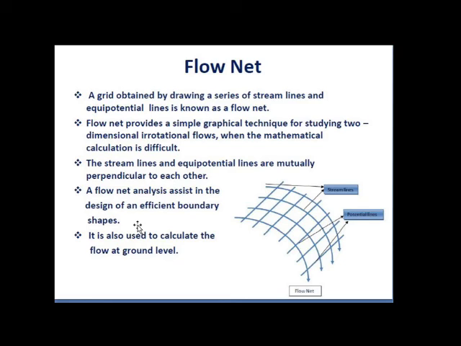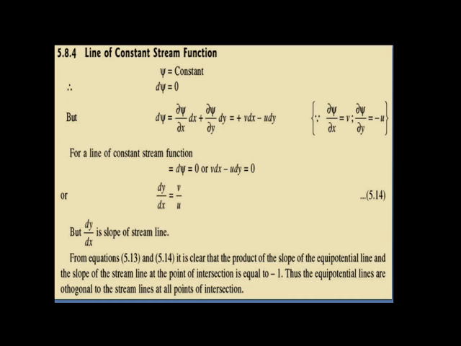Then we studied the equipotential lines, then the lines of constant stream function, meaning streamlines, and then we have seen the flow net.